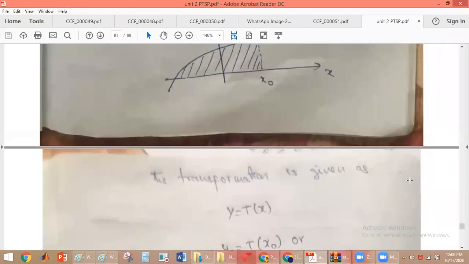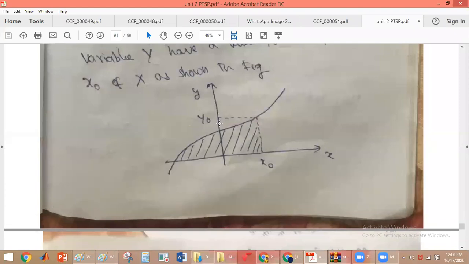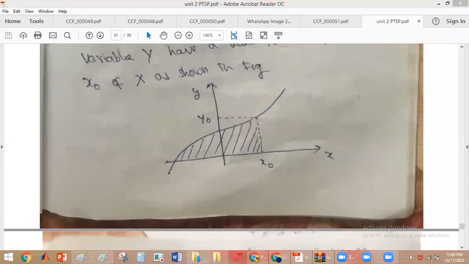See this figure. If y is considered less than or equal to y naught, the values of x we have are such that x is less than or equal to x naught.